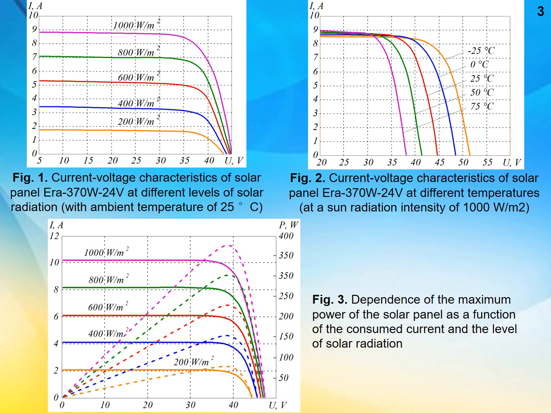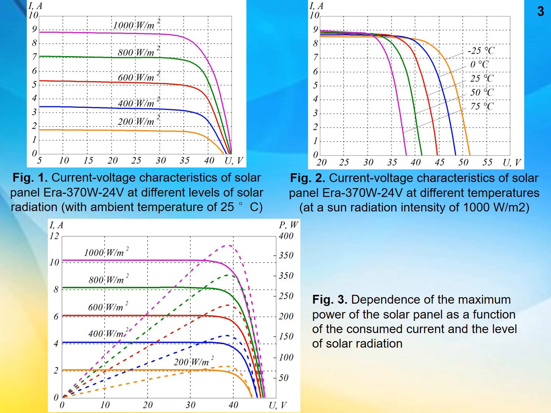It can be seen that the solar panel has a point of generation of maximum power, which is determined by the amount of current consumed by the solar panel. Determining the maximum power generation point can be done by exact calculation, by polynomial approximation of the solar panel current-voltage characteristics and using solar radiation and temperature sensors.